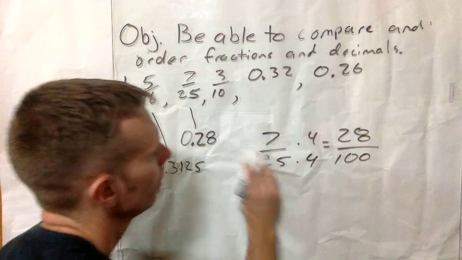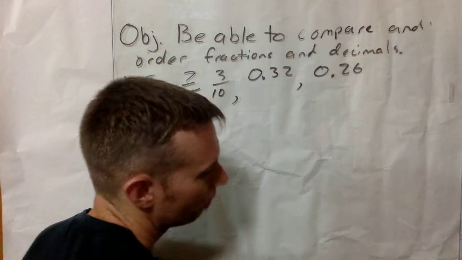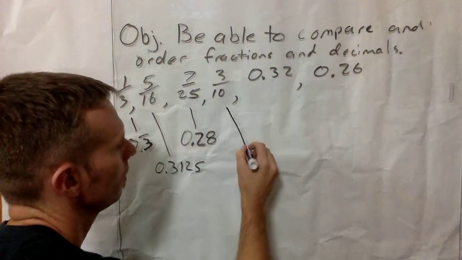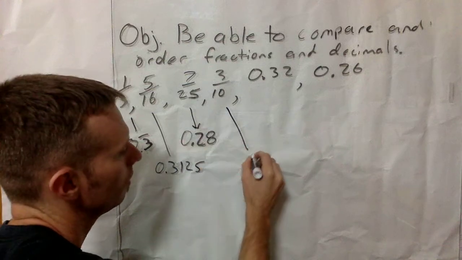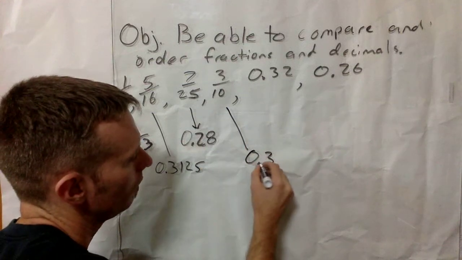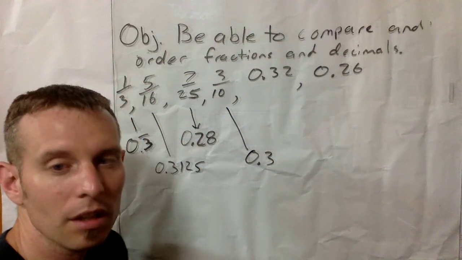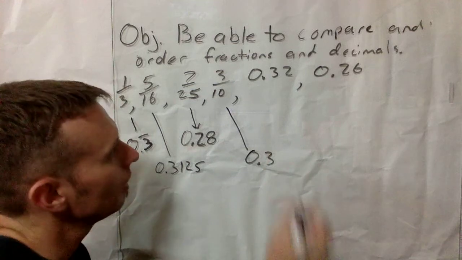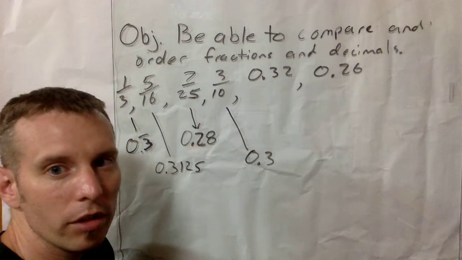Okay? Again, 3/10. We know 3/10 is just 0.3, and this is a 3 in the tenths spot. And then we have 0.32 and 0.26.